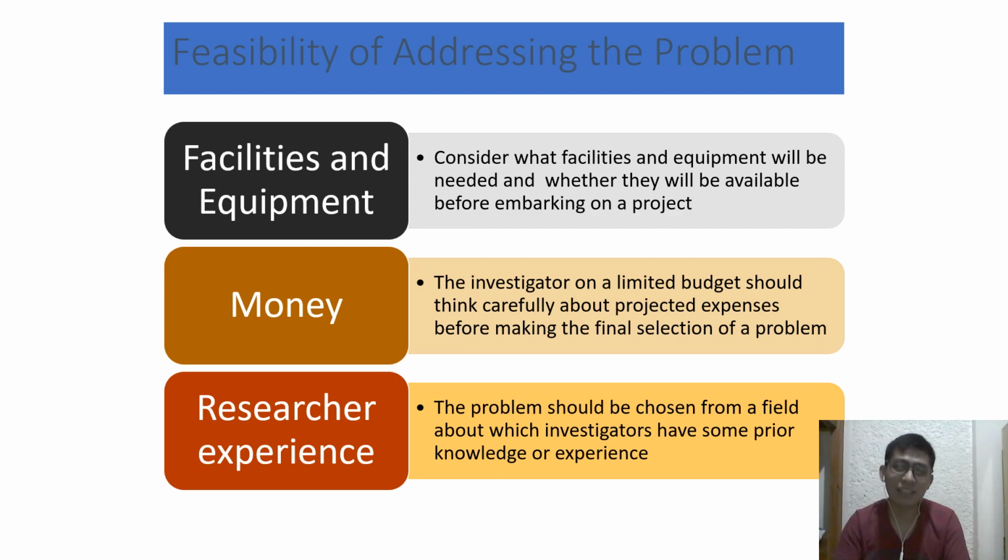So all of that entails cost. And last is the researcher experience. If you're not confident enough to do a complex methodology, you should seek guidance from an expert. So please, please, please, you should be guided accordingly.